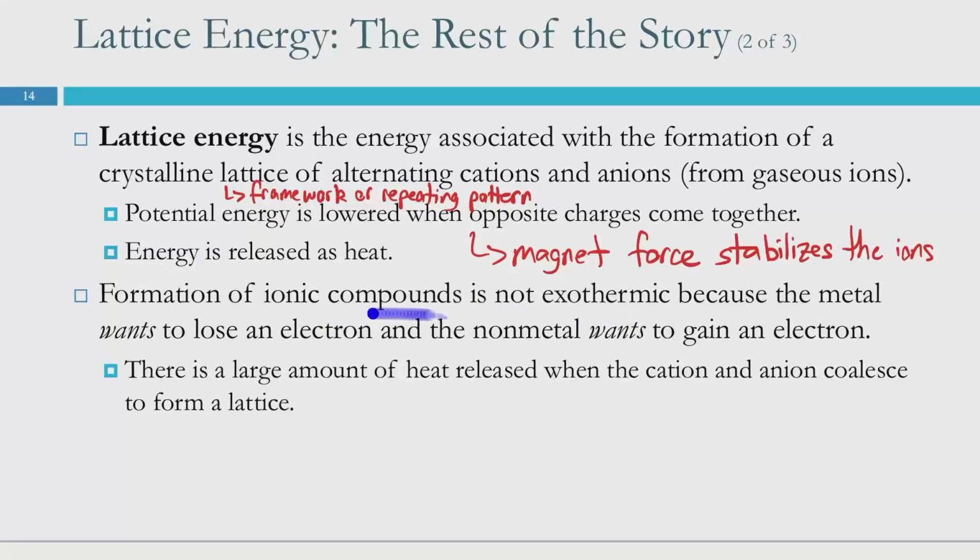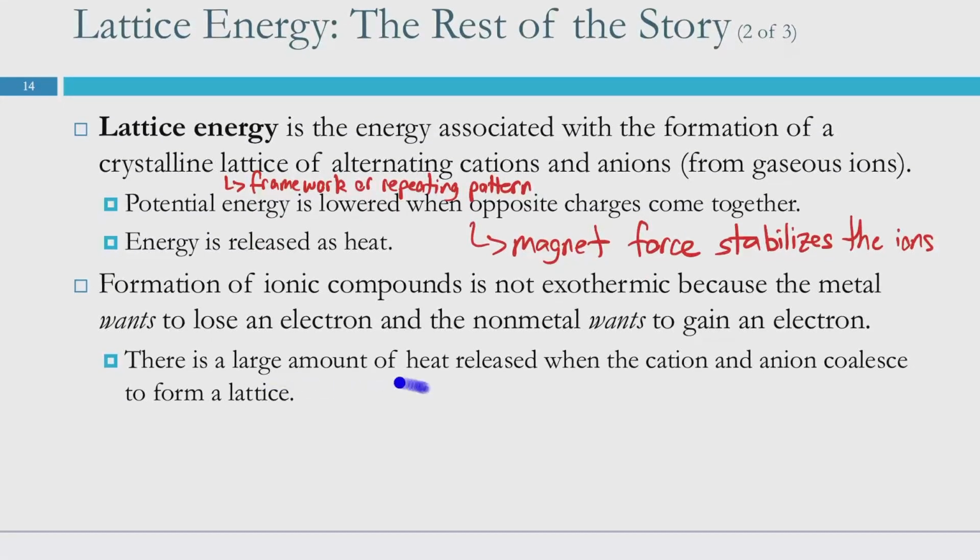So the formation of the ionic compounds isn't exothermic because the metal wants to lose an electron and the non-metal wants to gain an electron. It's because the positive and negative charges that form want to stick together. The positive and negative charges form, and then they clump together, and there's a large amount of heat that gets released when that happens.